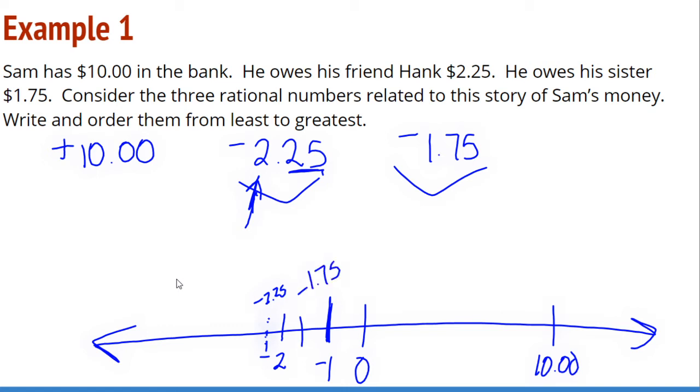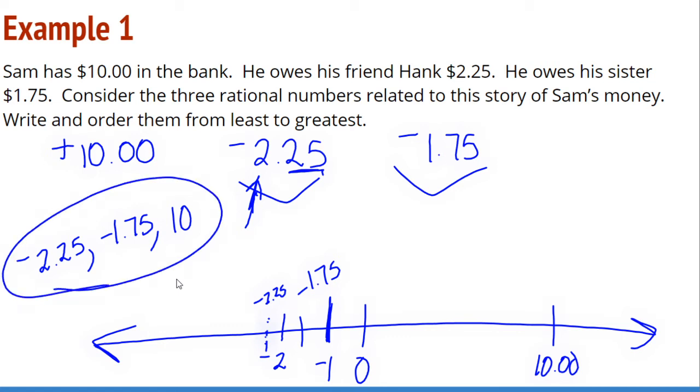So looking at my number line here, I can put them in order from least to greatest: negative 2 and 25 hundredths, negative 1 and 75 hundredths, and then I have my positive 10. They are in order from least to greatest because our least is on the left to our greatest on the right.